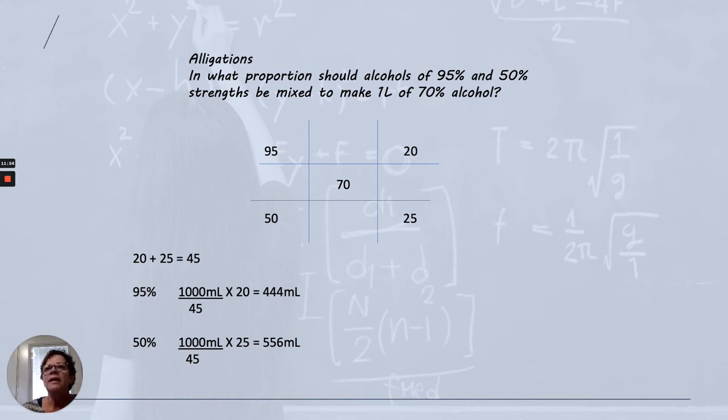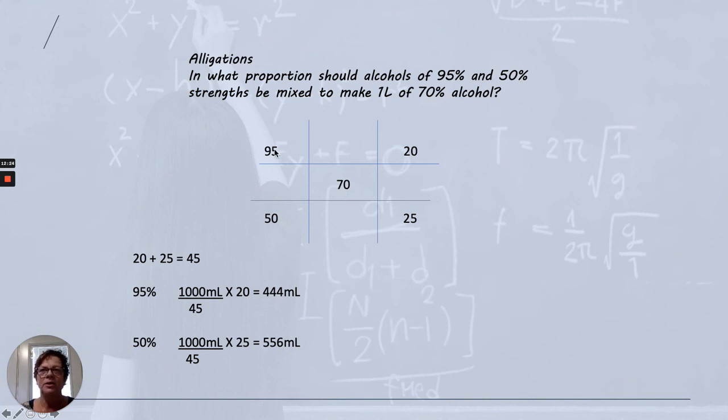The question's asking in what proportion should alcohols of 95% and 50% strengths be mixed to make 1 liter of 70% alcohol. So what we want then goes in the center. So I've got my highest percentage in the upper left corner, the lowest percentage in the left bottom corner, and then what I actually want in the center.